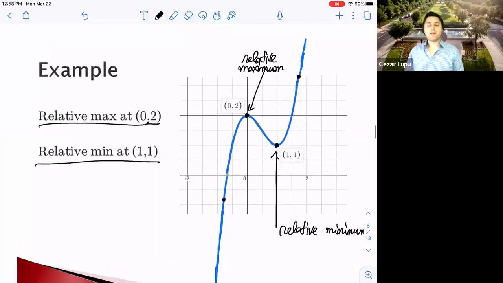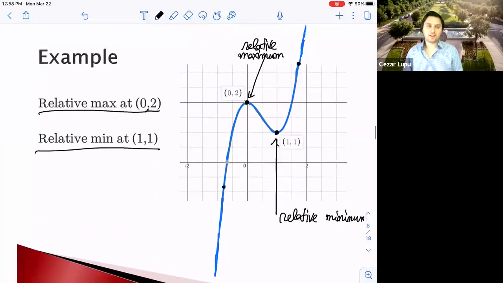And now we would like to finally answer our question from the beginning, because we have talked about extreme values of continuous functions, but we would like to see what the connection is between these and derivatives.